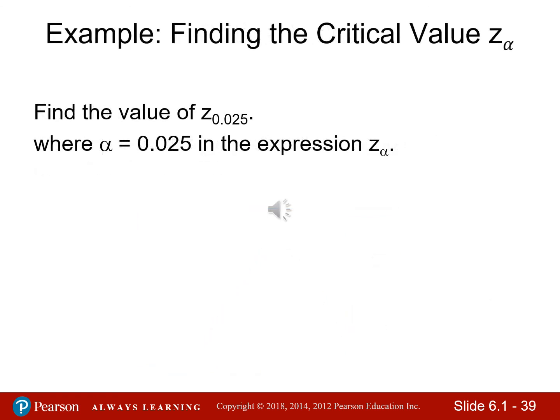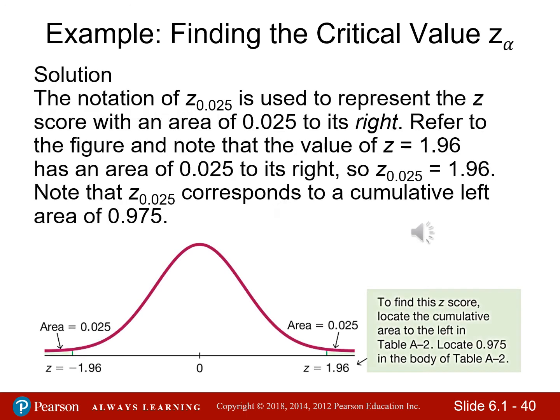Let's find the value of z subscript alpha where alpha equals 0.025. The notation z subscript 0.025 is used to represent the z-score with an area of 0.025 to the right of that z-score.